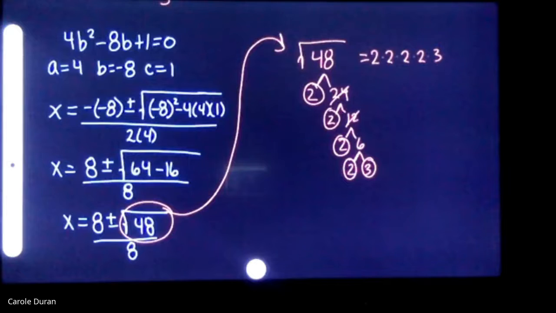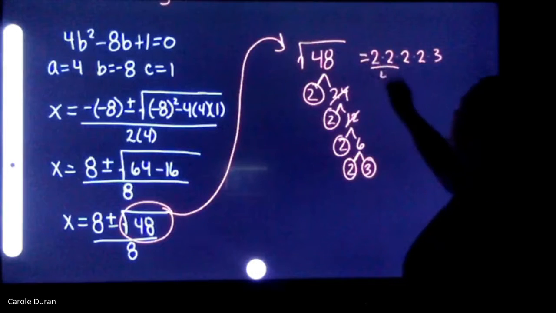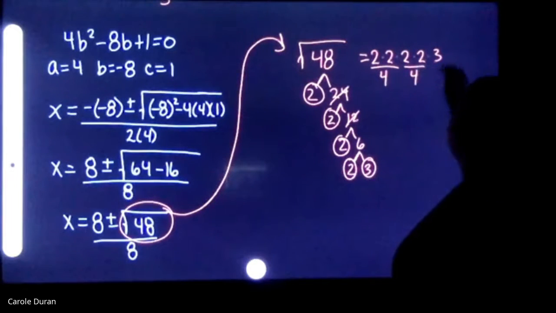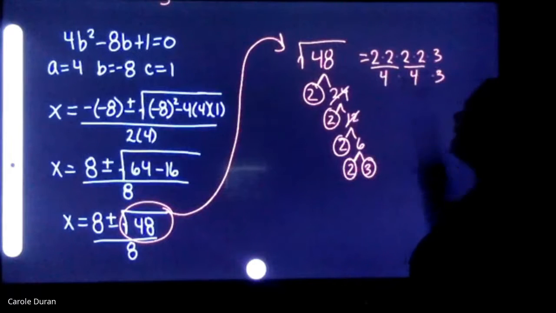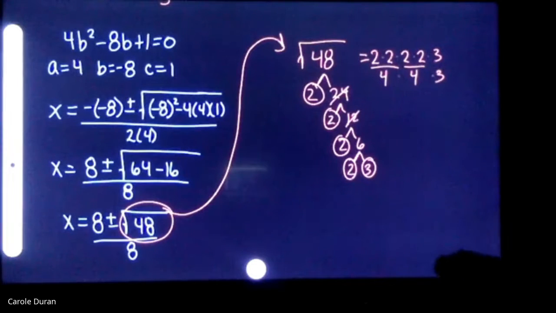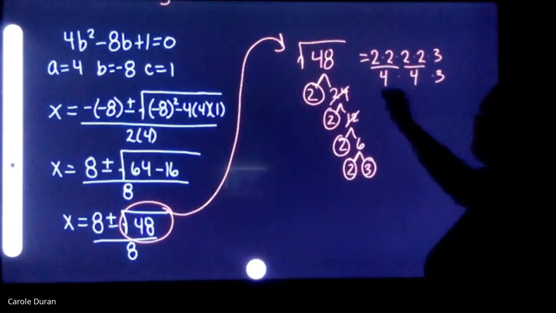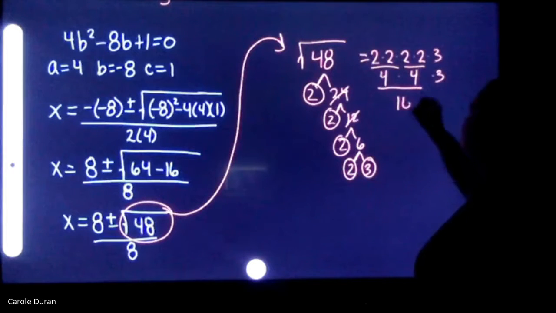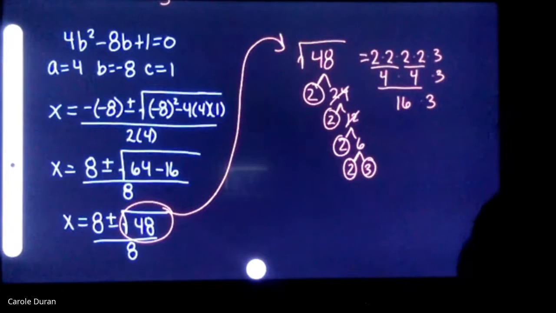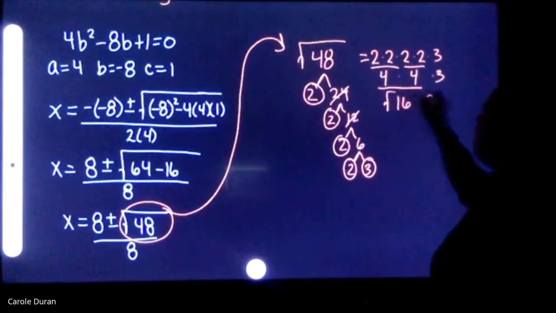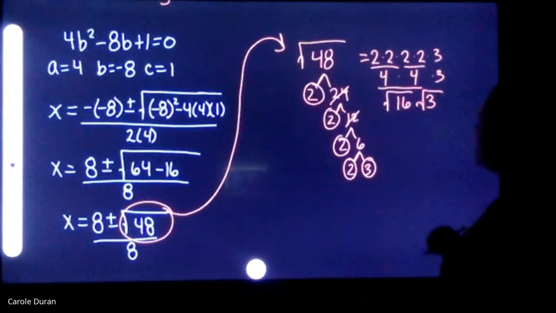From here, I put together matches. 2 times 2 is 4. 2 times 2 is 4. And then the 3 on the end is a straggler. There's nothing I can combine it with. Put together matches again. 4 and 4 becomes 16. The 3 again just stays on the end. I can't put anything else together, so I go ahead and take the square root of each of these.